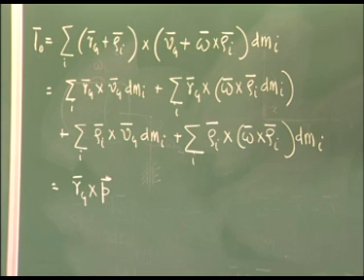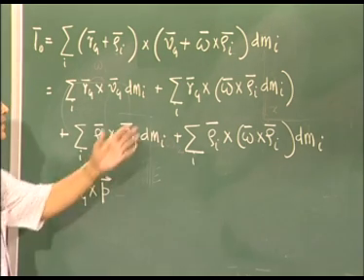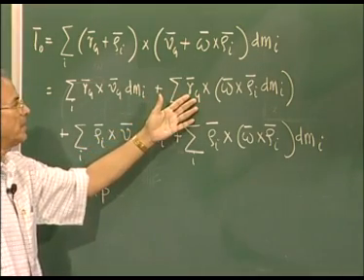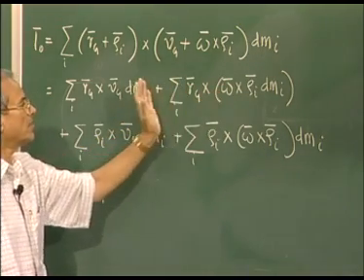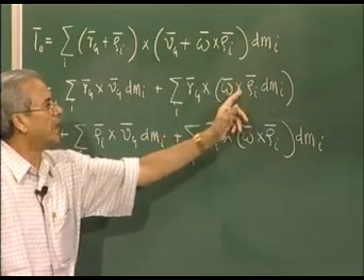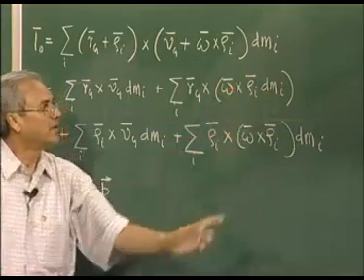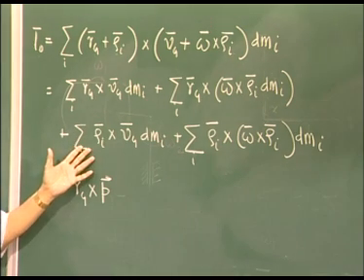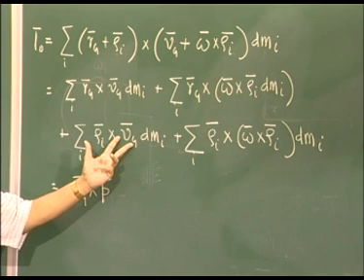The second term, you see that this does not depend on the particle, omega also is constant. So, the summation will be taken over here, and by the definition of center of mass we know that the sum of rho_i dm_i is 0. So, this term will vanish. Same will be the situation with this, because V_g is constant.